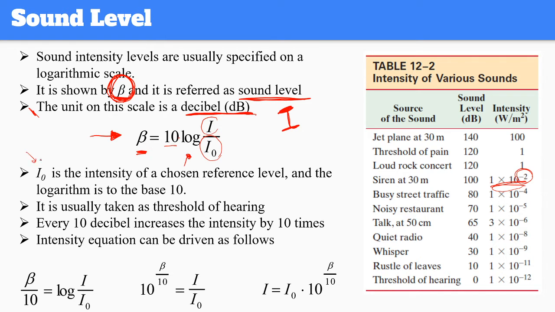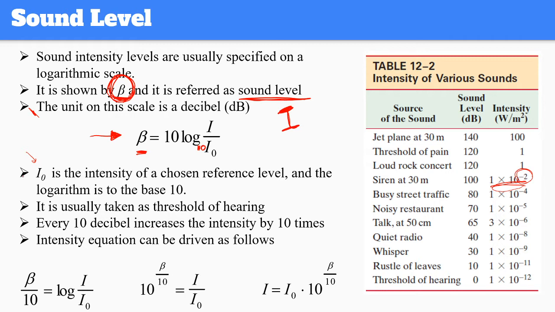Again, I0 is the intensity of the chosen reference level, and the logarithm is base 10. We don't really see that 10 over here, but remember, logarithms need to have a number underneath. If there's nothing, then that means it's 10.